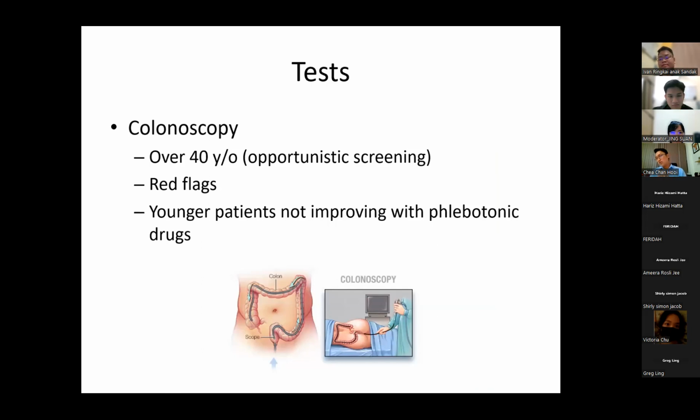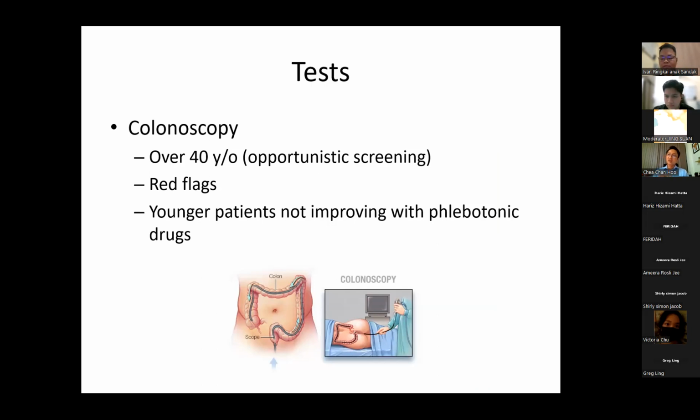So how to confirm hemorrhoids? Usually it's by history taking and physical examination. But the only confirmatory test that we have is colonoscopy. Having said that, we usually reserve colonoscopy for patients over 40 years old.